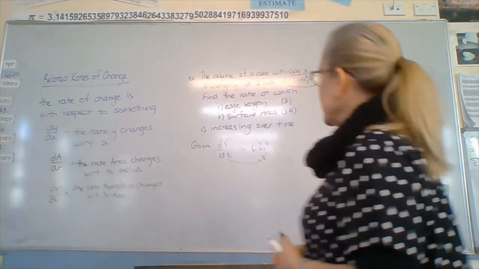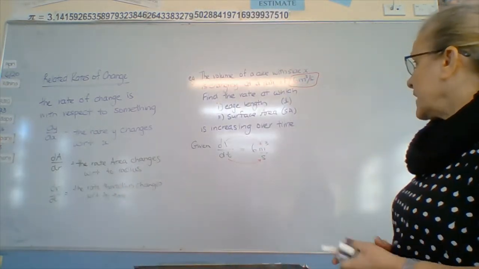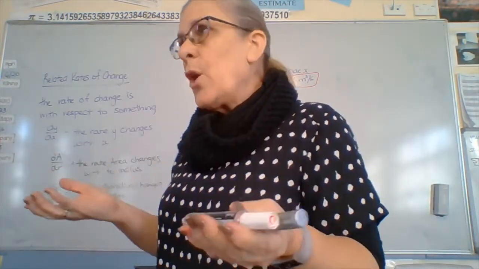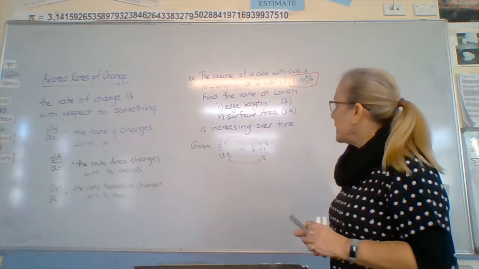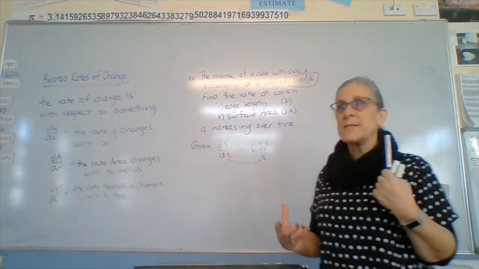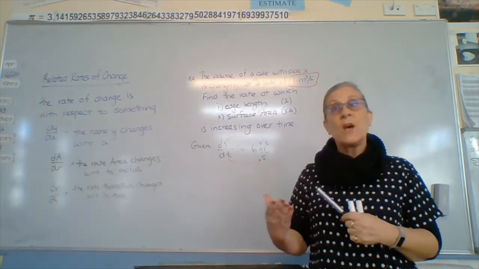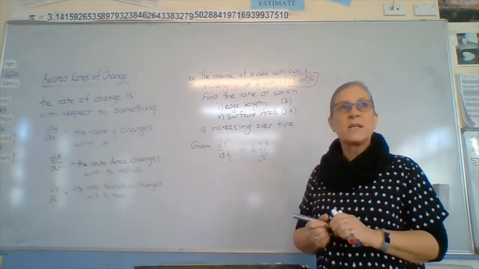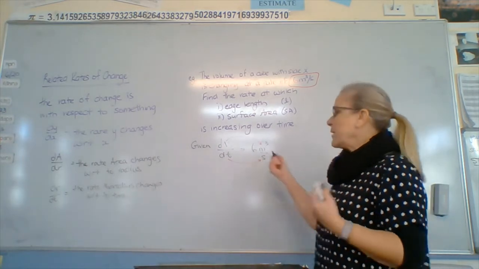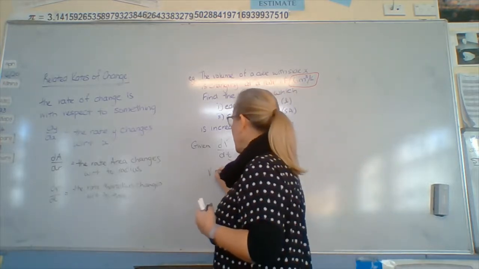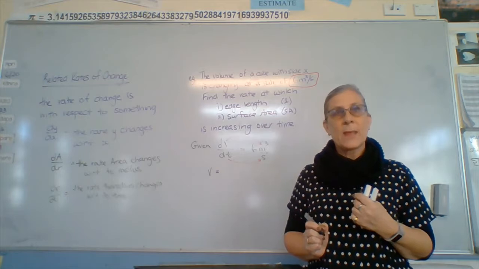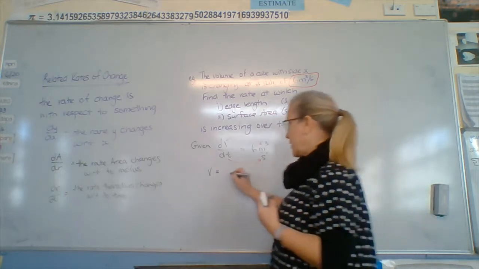So the first question is find the rate at which the edge length is increasing over time. What we know about a cube is, and you'll find on your formula sheet you do have quite a lot of formulas that you can use for these problems, that the volume of a cube equals length cubed.